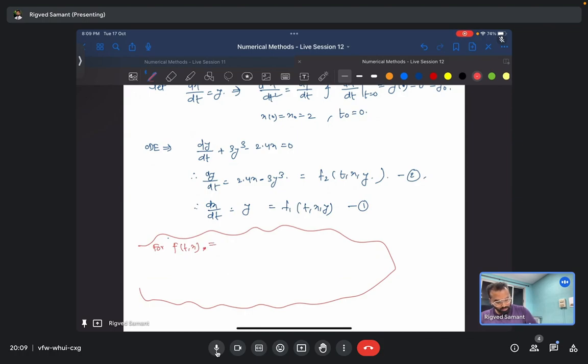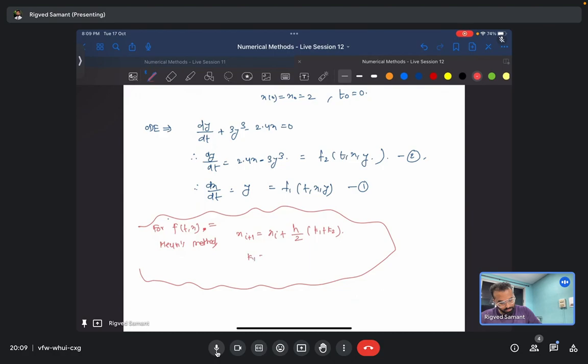What is the Heun's method formula? So x i plus 1 would be x i plus h by 2 into k1 plus k2, correct?